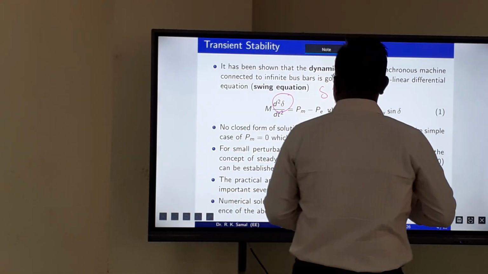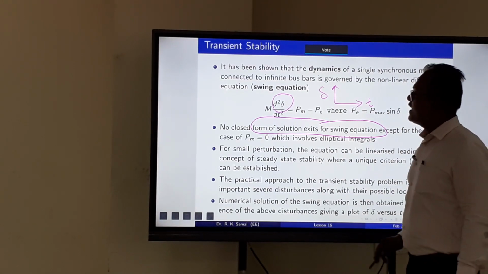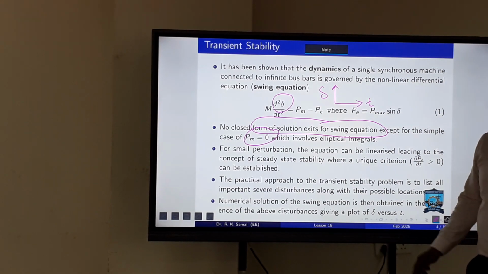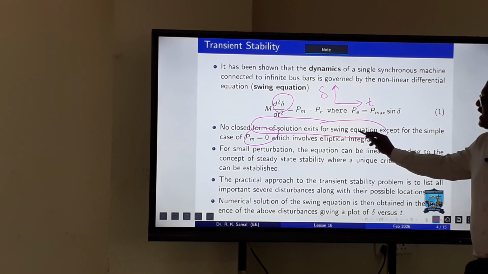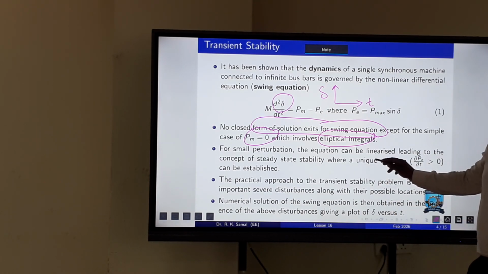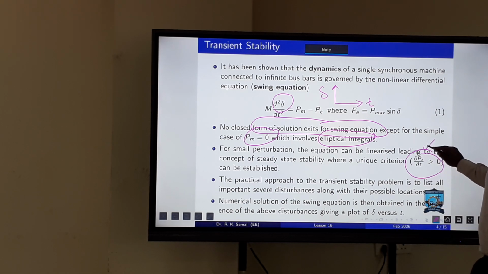No closed form of solution exists for the swing equation except when the mechanical power is zero, which doesn't have any meaning, and which involves elliptic integrals. So we go for numerical methods. For the small perturbation equation, linearized, which we have seen, we found that for a system to be small signal stable or steady state stable, the synchronizing coefficient must be greater than 0.